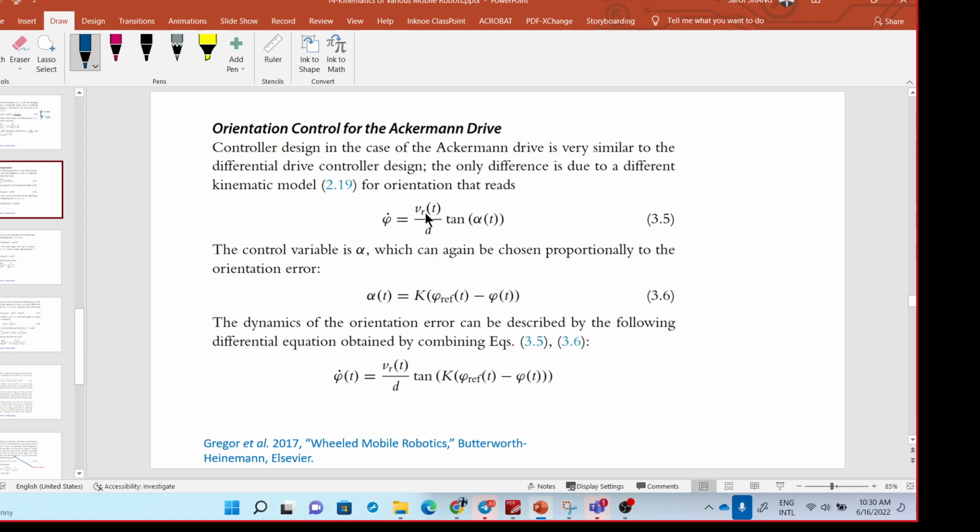This can be computed by omega of the rear wheel times the radius of the wheel. And alpha here is the steering angle.